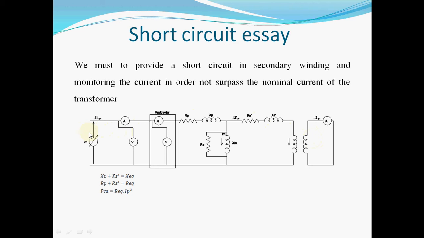In this case, as this voltage is about 10% of the rated voltage of the transformer, the voltage of this branch is very low, and so it is possible to eliminate this branch in order to simplify our circuit.